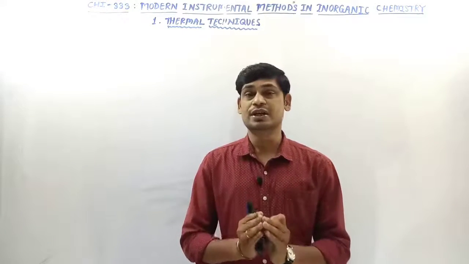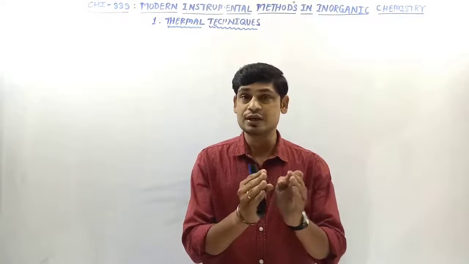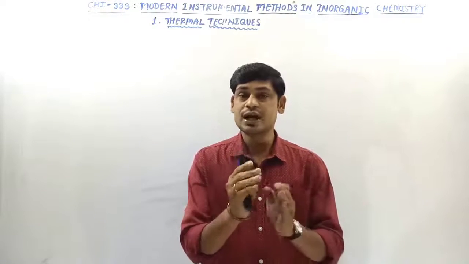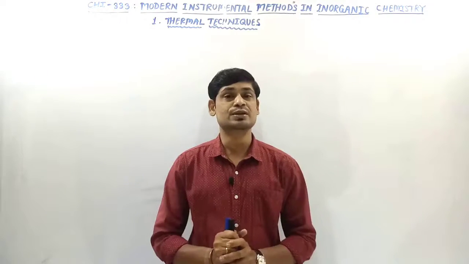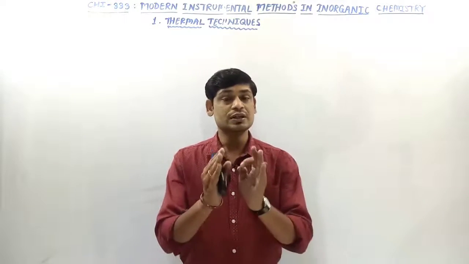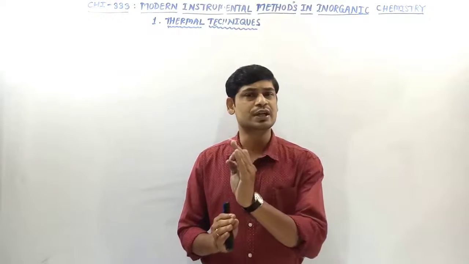In a thermogravimetric analysis, the change in weight of the substance is recorded as a function of time or temperature. We studied the principle and the instrumentation of thermogravimetric analysis.